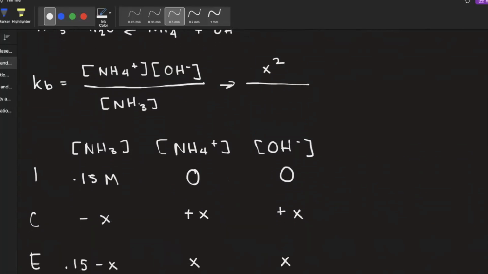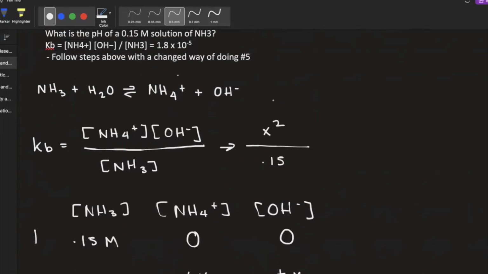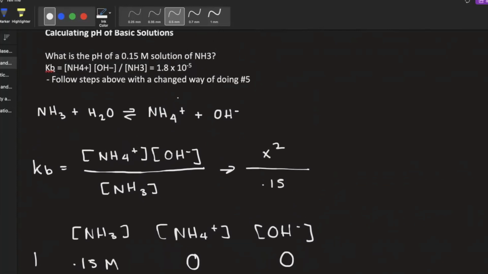And then our NH3 concentration is going to be 0.15 minus X. But remember that we're ignoring the X to avoid quadratic problems. So it's going to be 0.15. We also know that the Kb is equal to 1.8 times 10 to the negative fifth. So we're going to go ahead and set them equal.